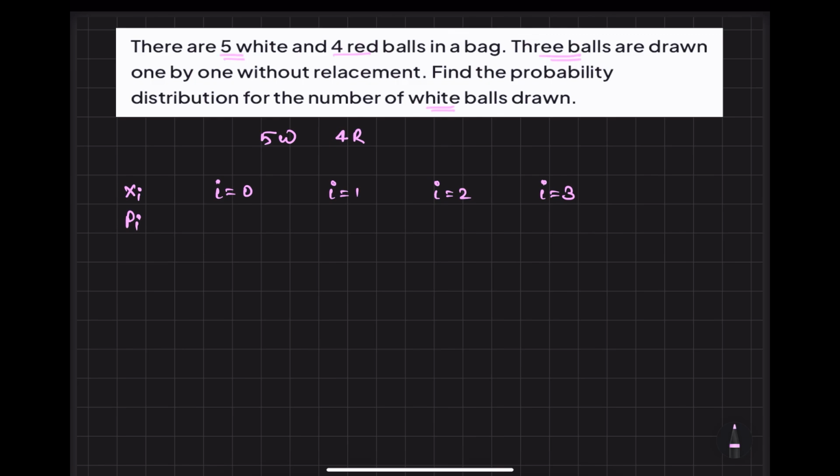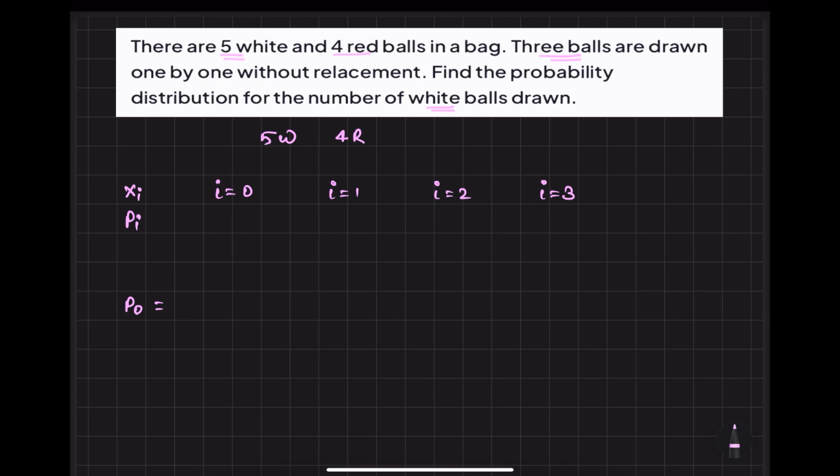Now try to understand this thing. Till the time they haven't mentioned that the balls are identical, you have to consider them to be different things. So suppose i equals 0. P of 0 means all balls are red, not white, and altogether there are how many red balls? 4.